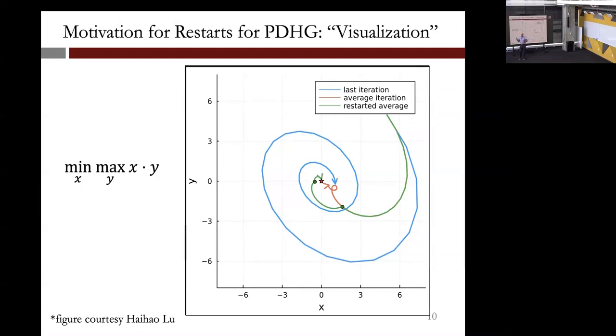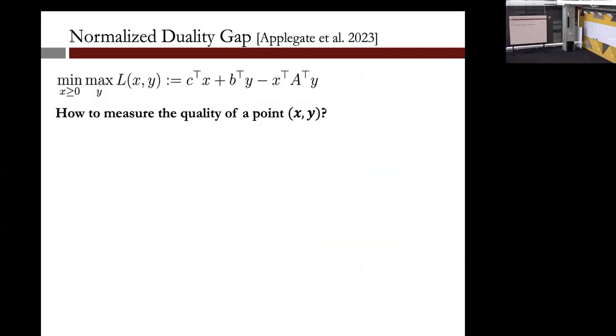So I run PDHG, I stop when I have a given stopping criteria, I take the average of all my previous iterations, I restart it. And then I do that for a while, take the average of these iterations and restart it, et cetera.